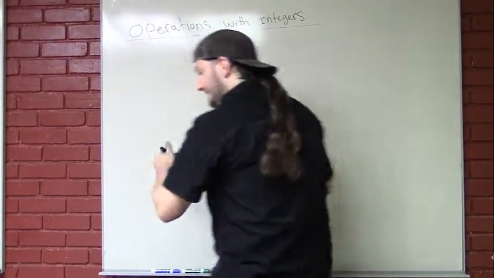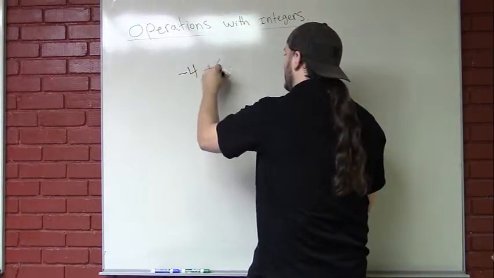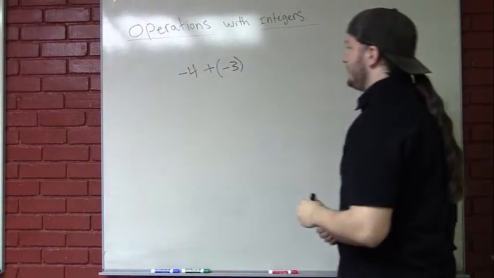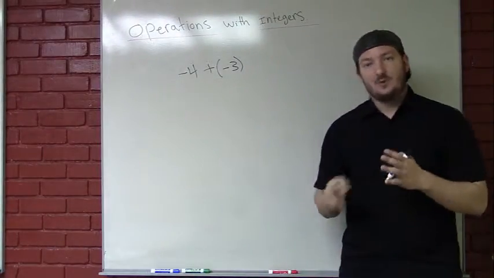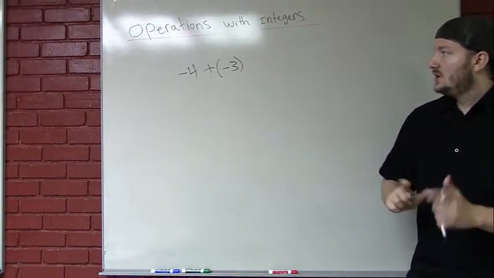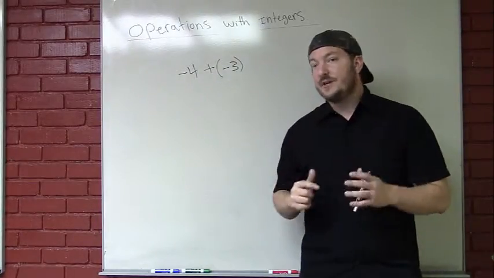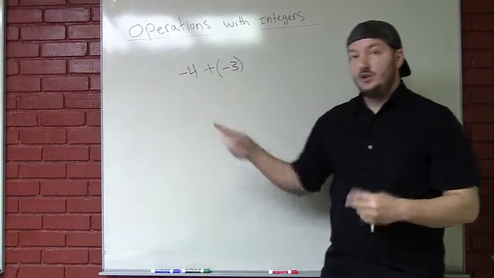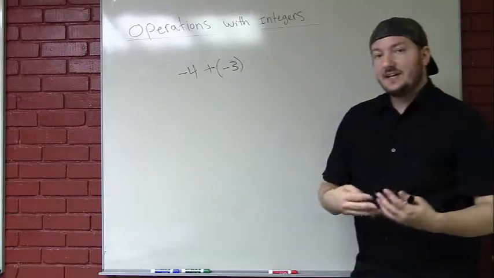So this next scenario is negative 4 plus a negative 3, okay? So again, this plus is just indicating we're adding, but in this case we got two negative numbers. We have negative 4 and we have negative 3. So in this case, you don't have any money at the moment. So think of it as like your bank account, okay?